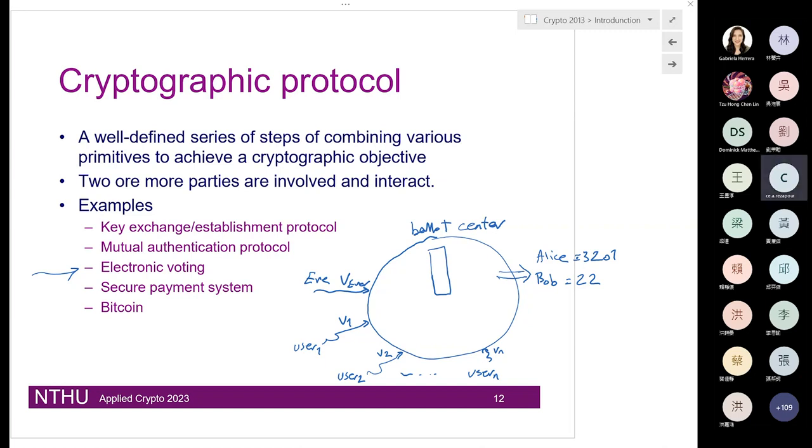The second problem you can think about is how this centralized system can make sure that some malicious user, such as Eve, who should not cast a vote, doesn't show up and cast a vote. What can we do about it? Maybe there are multiple or millions of these sorts of unauthorized users.